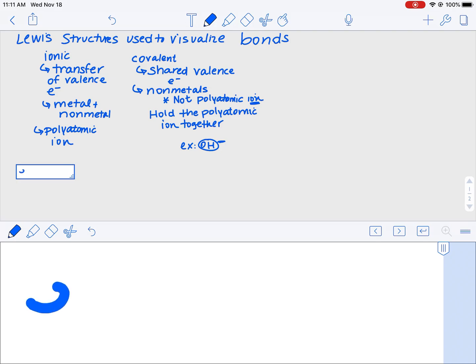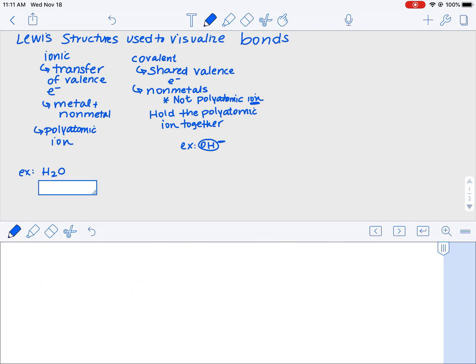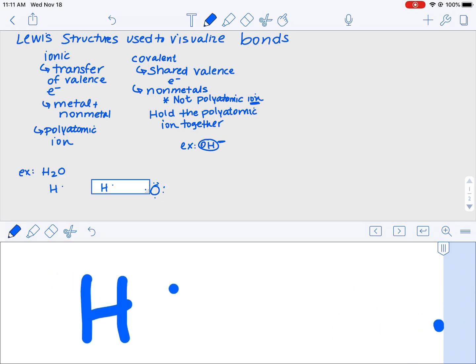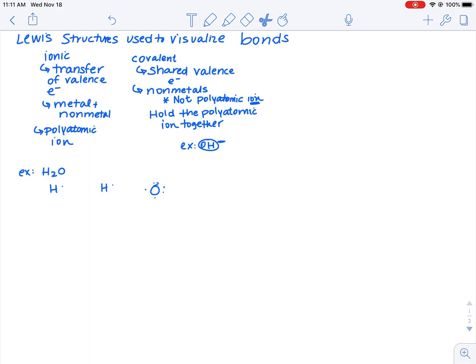Let's look at water, for example. I believe we did this in our last lesson. We know I have nonmetals, and as a result, want to show how these three atoms are sharing their electrons. We learned that the oxygen, because it's the piece with the most bonding sites, that's the one I'll start with.